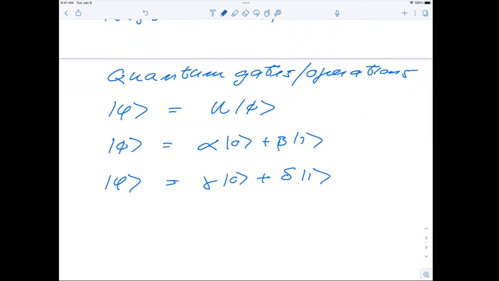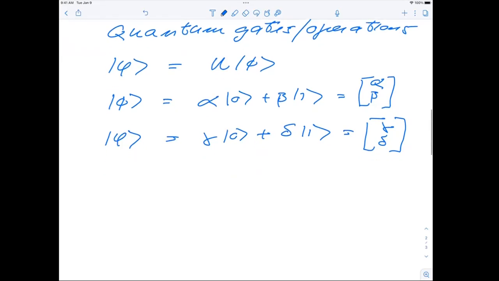And then we can look at the different components. If you think of this vector here, it is nothing but alpha and beta. And this vector here is nothing but gamma and delta. I'm just writing it out in its appropriate linear algebra representation. Since this is a vector of dimension 2, of length 2, and it is given by a unitary transformation, we can now define a matrix which contains U00, U01, U10, U11.